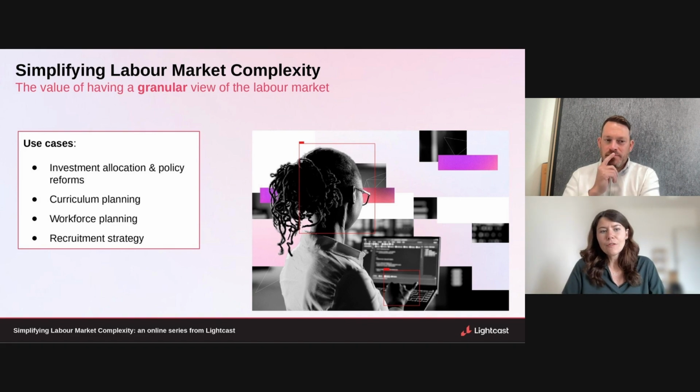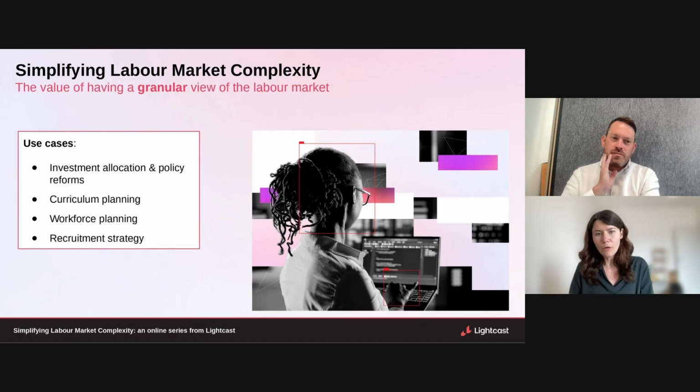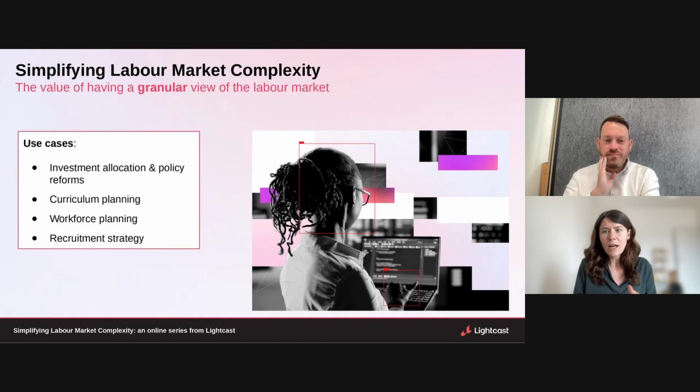And similarly, if you are in education, you need to know whether advanced manufacturing is growing compared to the clean energy sector or something else. But actually, what you need even more is going to the level of detail that goes, what are we going to do about it? What type of jobs do we need? And what kind of skills do these jobs require?